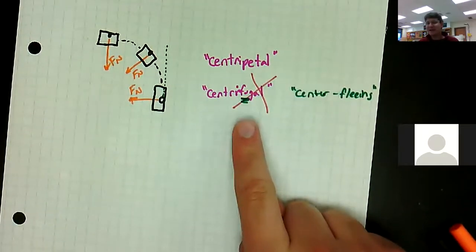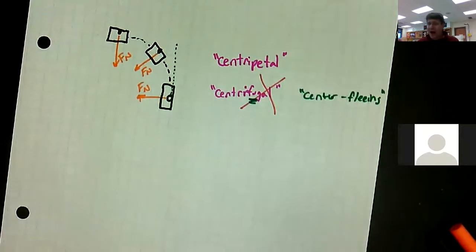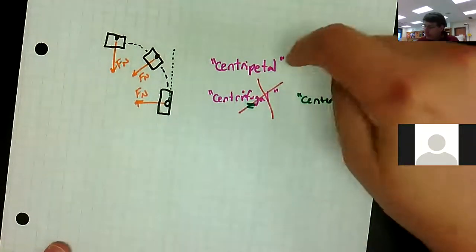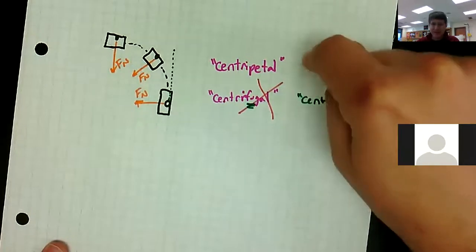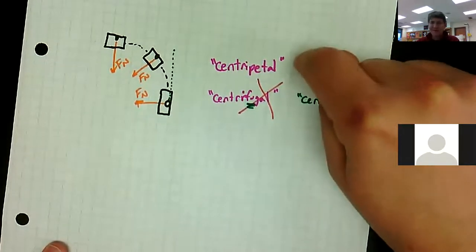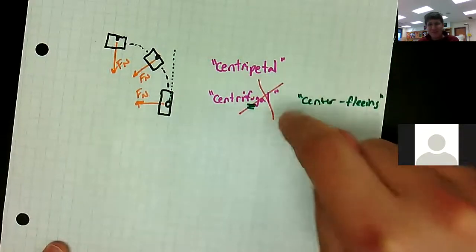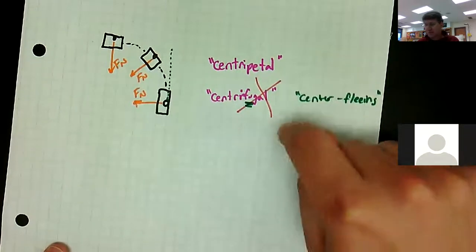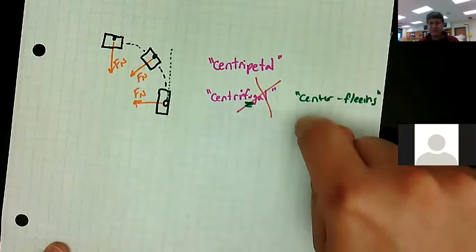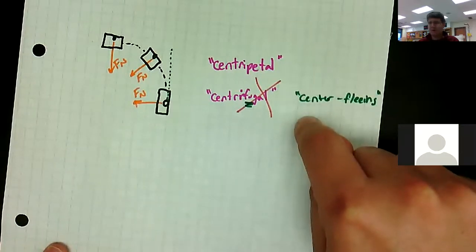What's happening is the object is trying to go straight and there's something that's pulling it centripetally in. So there's always a force that's pointing to the inside when you're going in a circle. There is never really a force that is pushing to the outside. This does not exist. Any questions about that?